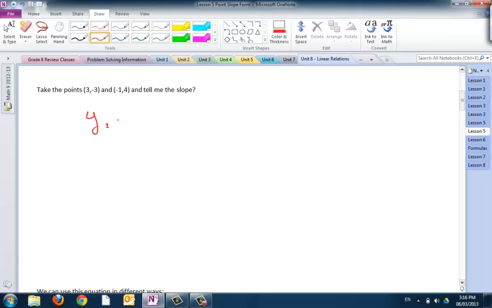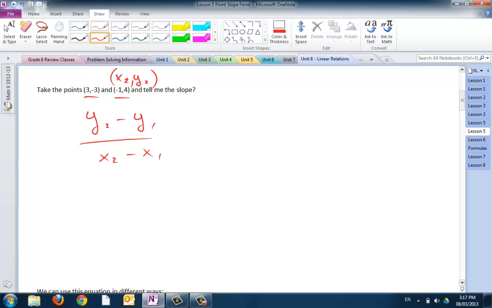And so we take our formula. It does not matter which one of these two ordered pairs we set as x2, y2. I tend to pick the one that makes the math look a little bit nicer. So I'm going to use this set right here, the -1 and 4, as our x2, y2.